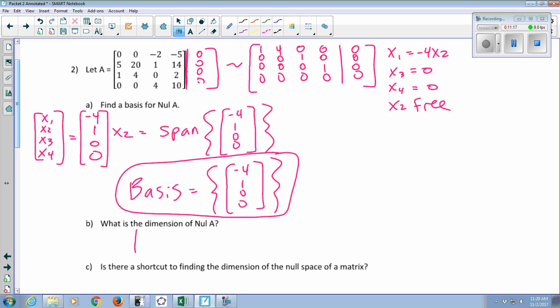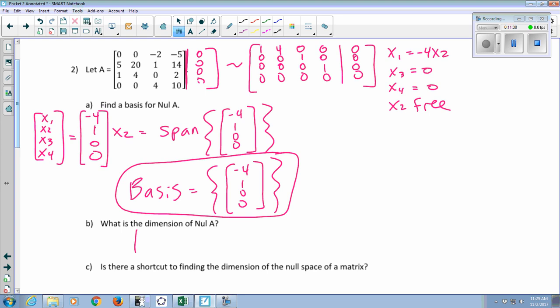vector in there. Is there a shortcut to finding the dimension of the null space of a matrix? What was it in this process that led us to the 1, there being only one vector in the basis? The one free variable, right?